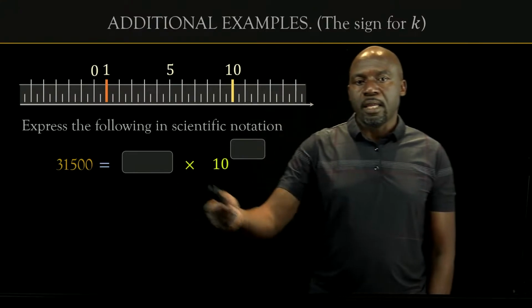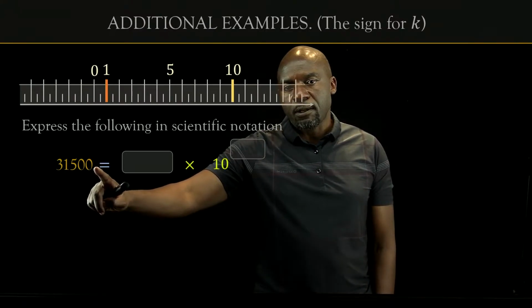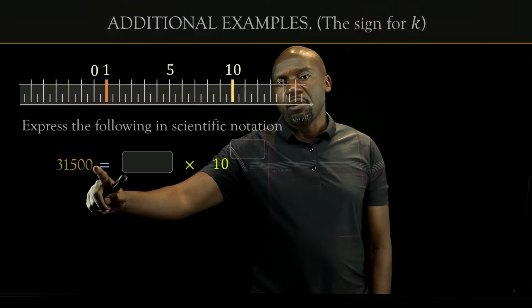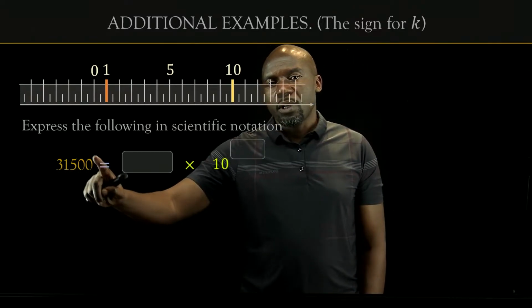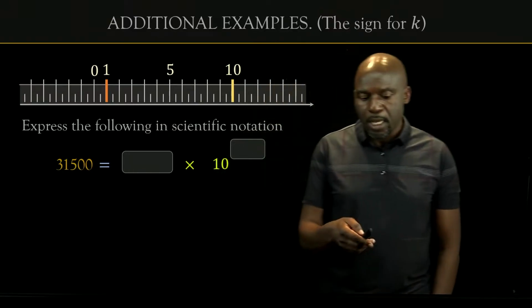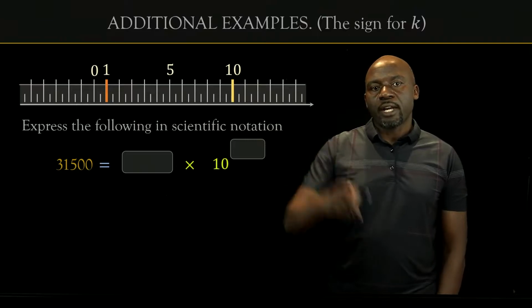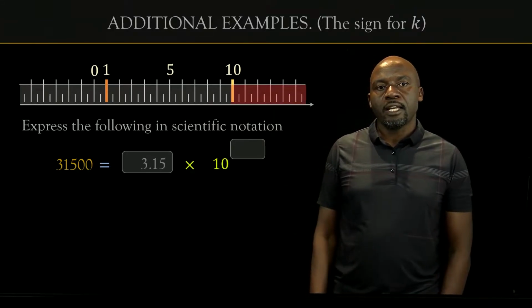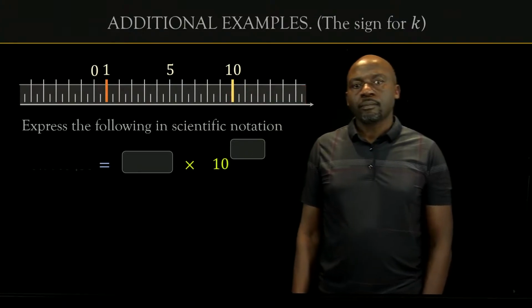Okay, and for the number of decimal places moved, the decimal place is just after the last 0 on 31,500, and you're going to move it so that it lies between 3 and 1. So those are going to be 4 decimal places, and because 31,500 is greater than 10, our k has to be positive, so we will write times 10 to the power of 4, like that.